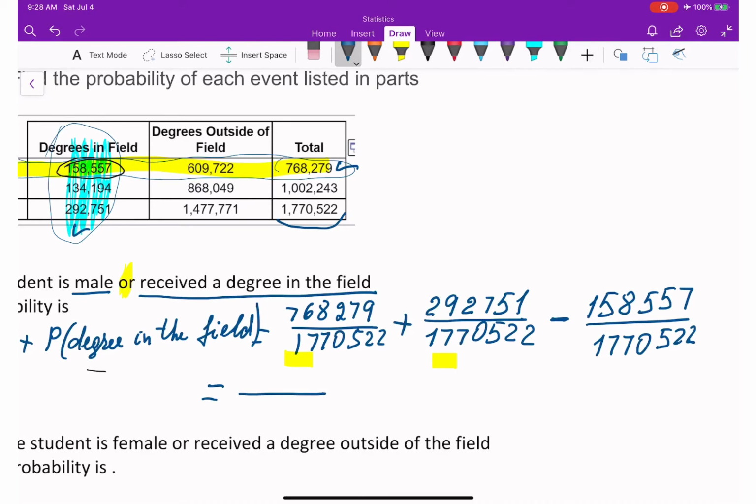Now I can calculate. If you put the numbers in a calculator, then you would get 0.509. So do you understand this?